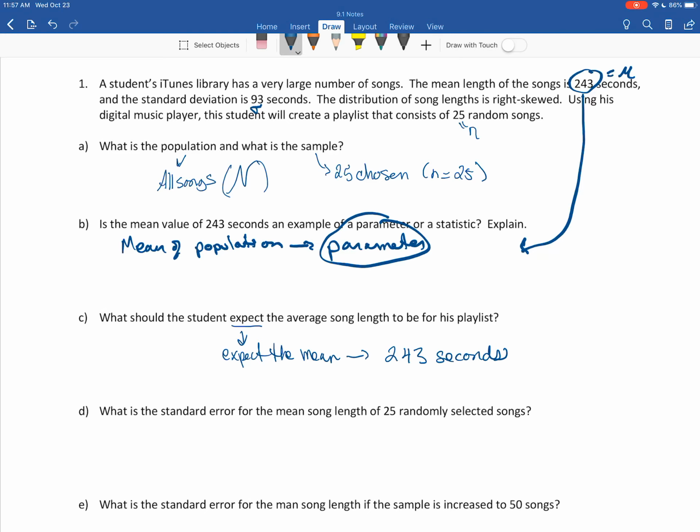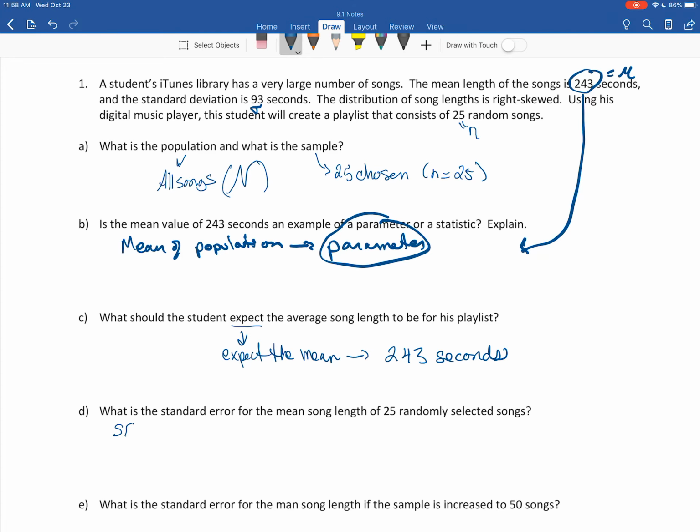What is the standard error for the mean song length of the 25 randomly selected songs? So we expect the mean to be exactly the same. The standard deviation is going to change though. When I take a sample, depending on the sample size, I'm going to get a new standard error. So this is where we need that new formula.